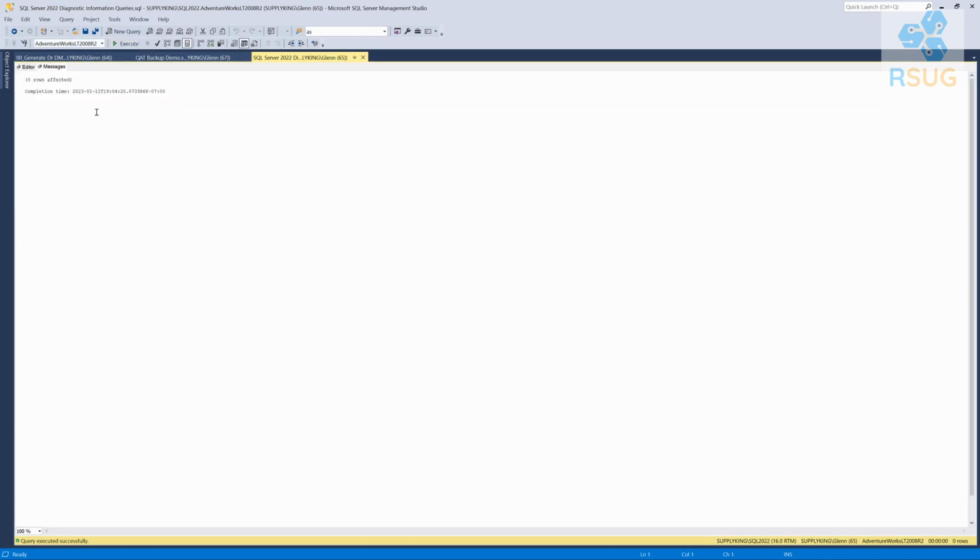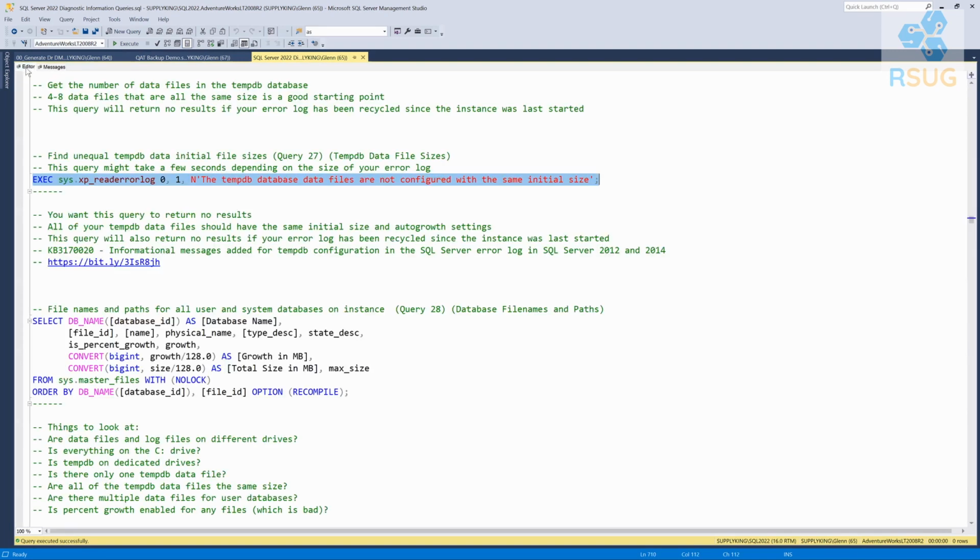And you want this to come back with nothing like you see here. But I find a lot of servers have something messed up. So one of their tempdb files is really big and the rest of them are much smaller. And if that happens, SQL Server will tend to just use the large file and ignore the small files. And that causes increased allocation contention, especially on older versions of SQL Server. So you want to catch that and fix it.